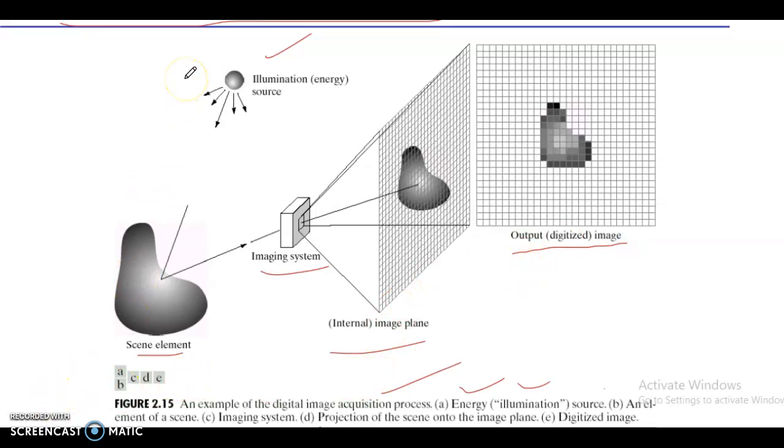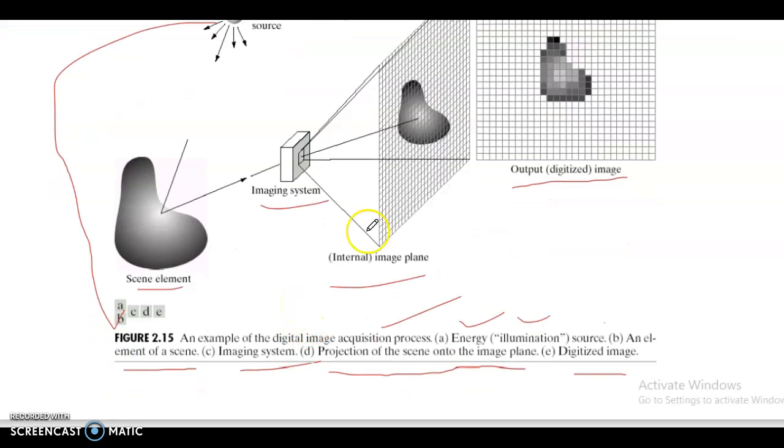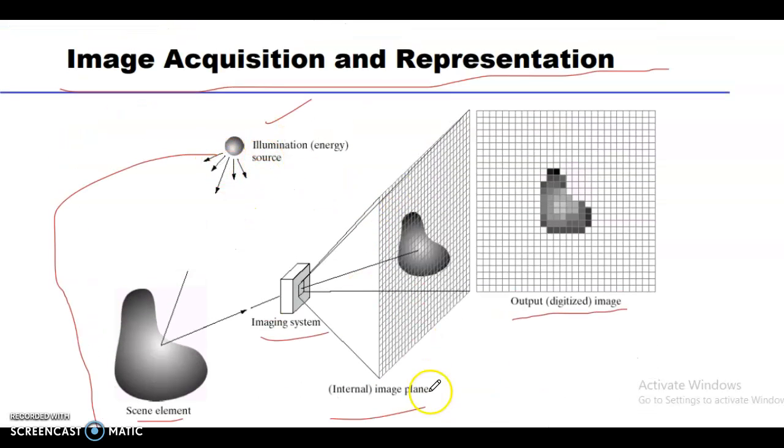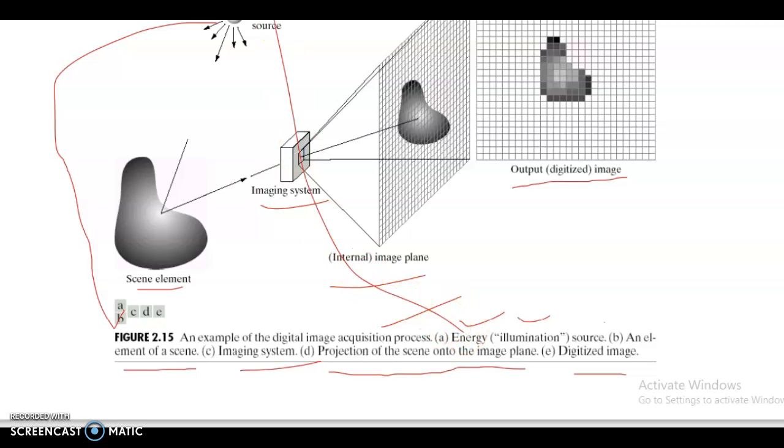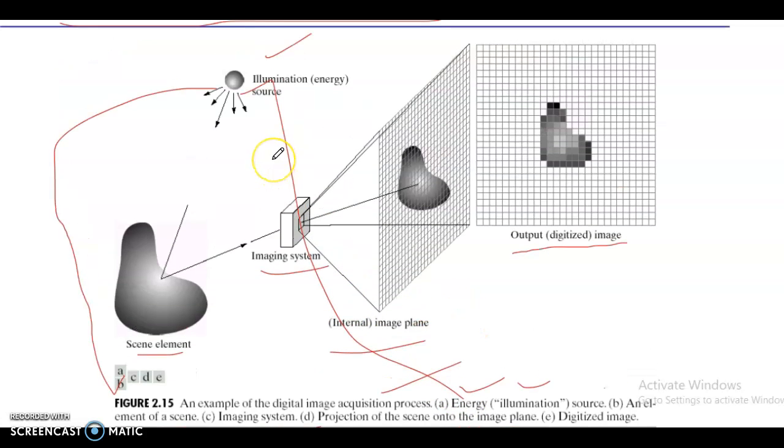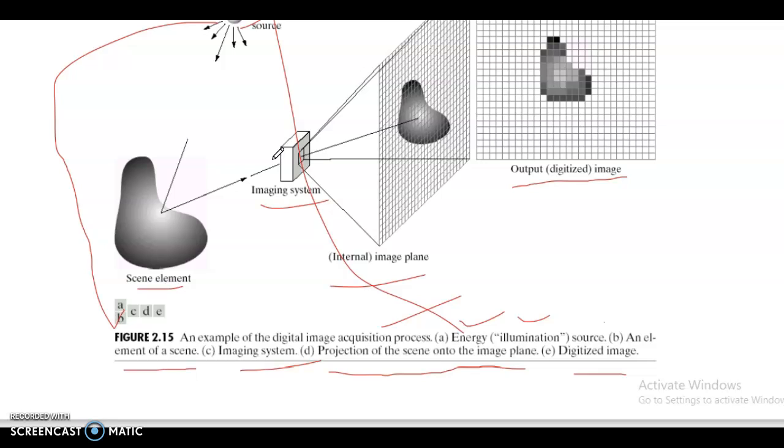A is the energy source. B is the energy illumination source, an element of the scene.